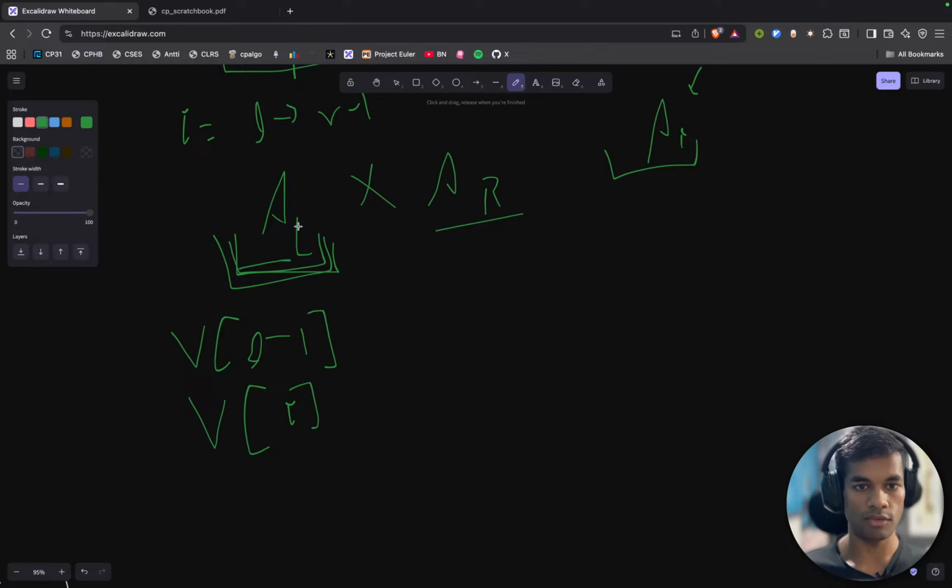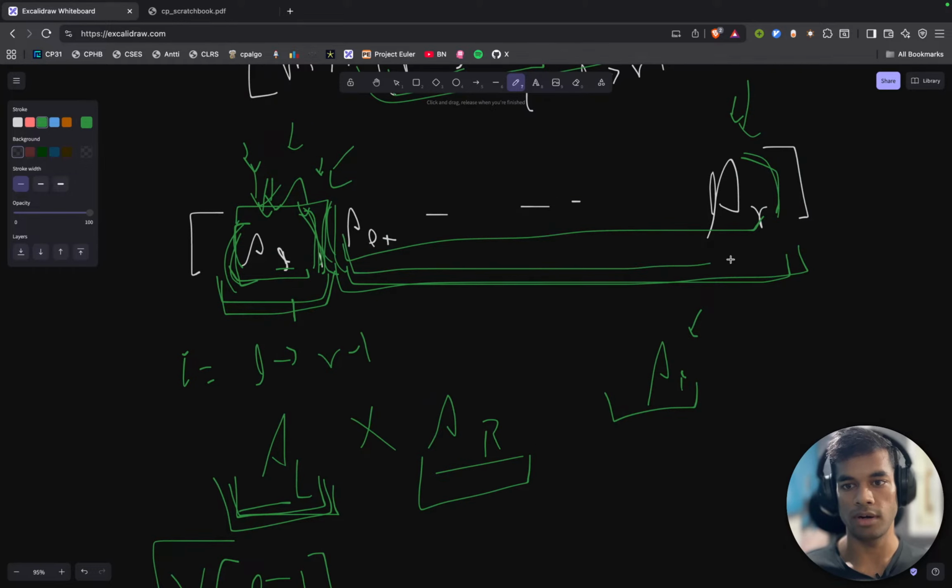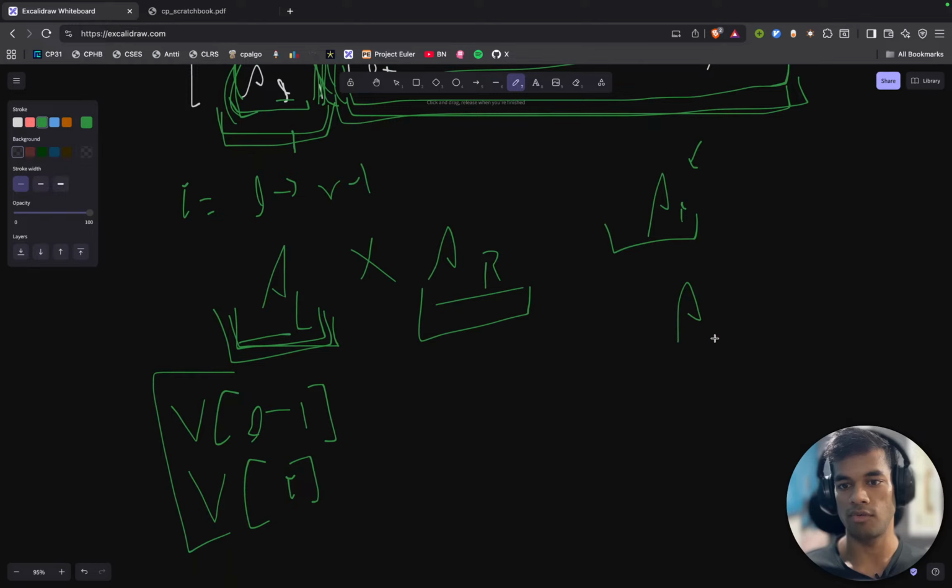So this matrix VL is going to have these dimensions, and this matrix AR, since it is the product of all these matrices which start from A I plus 1 till AR, the number of rows in this matrix is going to be the number of rows in the leftmost matrix, and the number of columns is going to be the number of columns in the rightmost matrix.